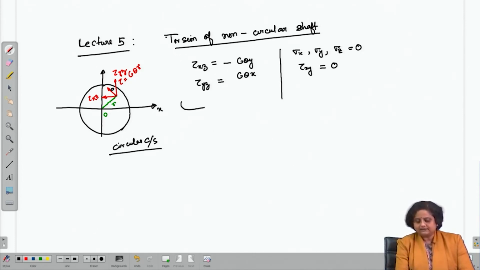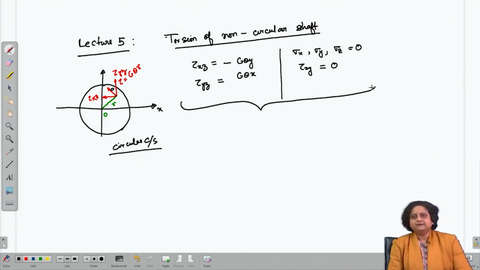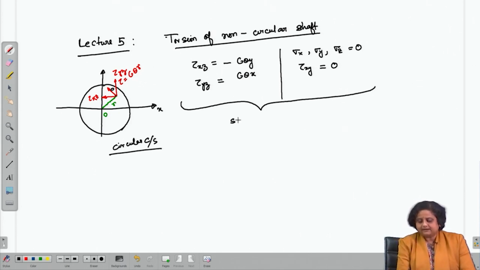Now, what we did in the last lecture is that we saw that this stress state satisfied the equation of equilibrium. We used the equilibrium equation, and we have seen that this state of stress satisfied the equilibrium equation.